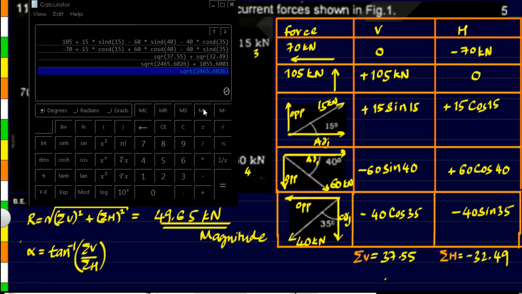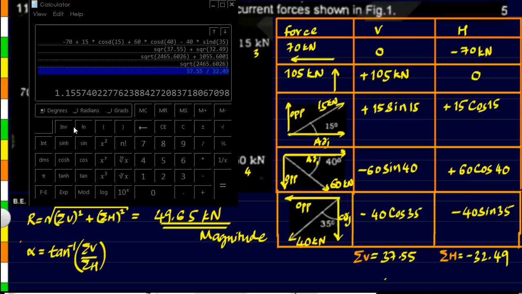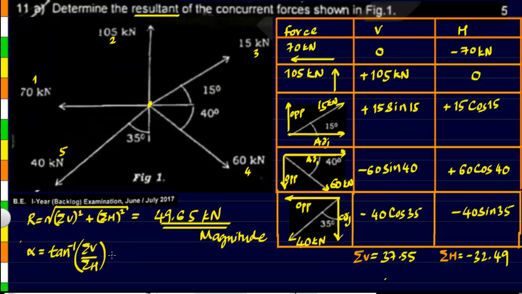I have to take 37.55 divided by 32.49, and take tan inverse of this. So this gives me the angle as 49.13 degrees.